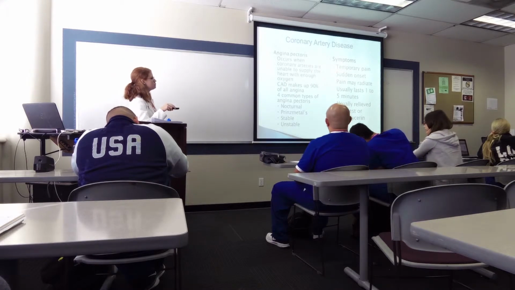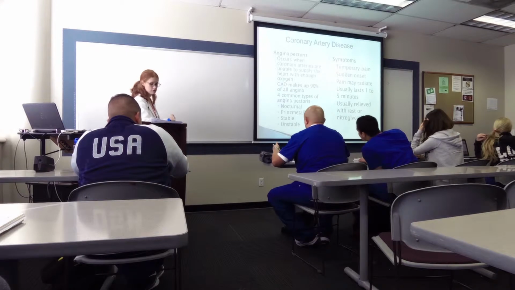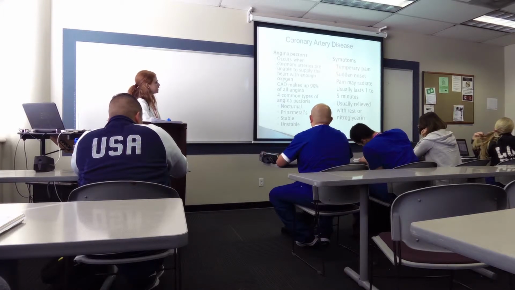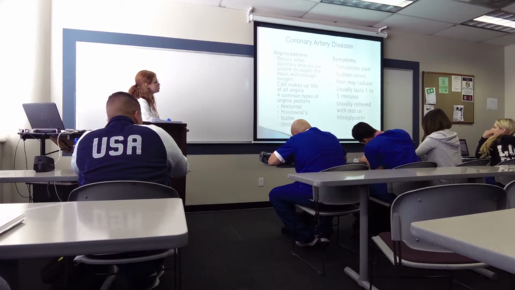Okay, nocturnal most commonly occurs during congestive heart failure. And again, it would happen at night, and it usually would wake someone up from sleep. So nocturnal angina is most common in congestive heart failure. Occurs at night.